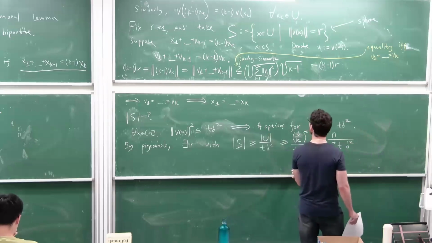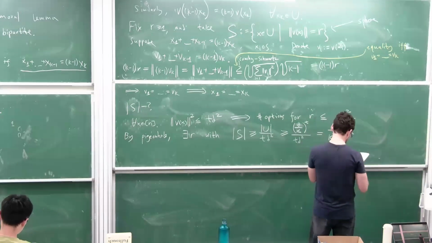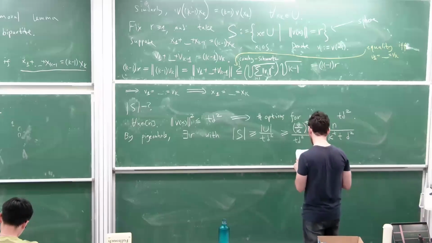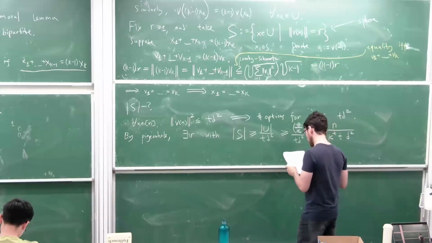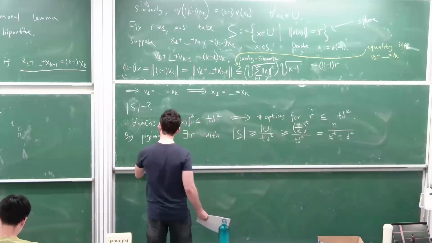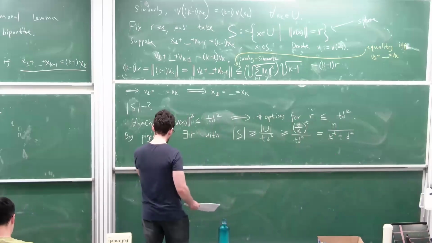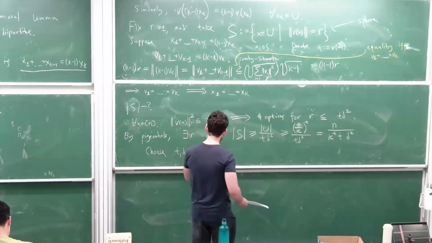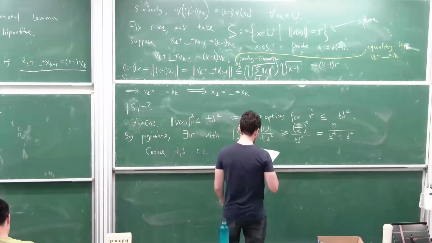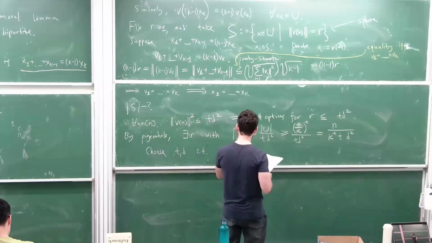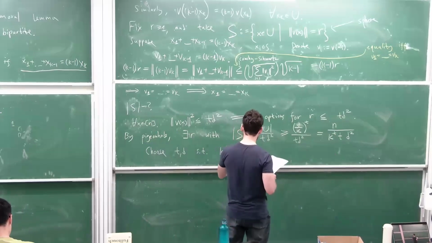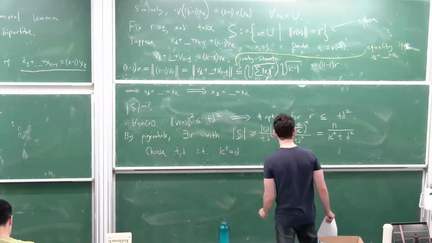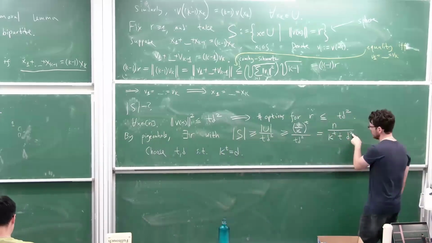So let's choose T and D such that K to the T is equal to D. So this squared would not really play a role.